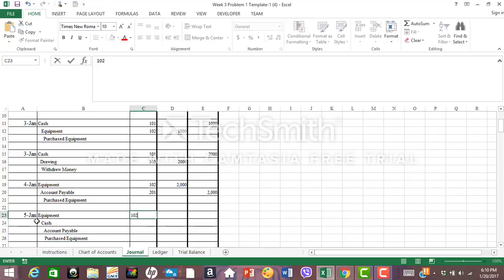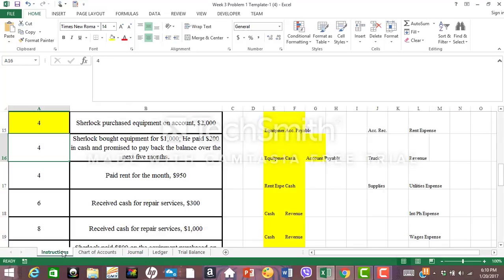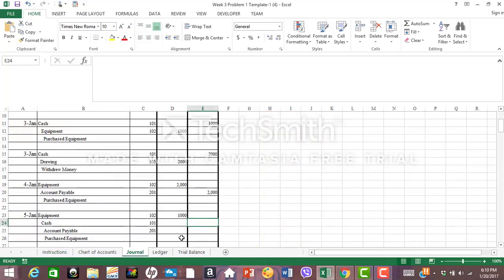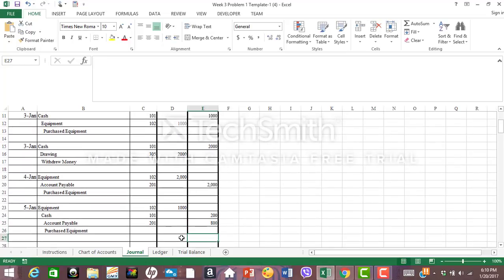Equipment is 102, cash is 101, accounts payable is 201. He bought $1,000 worth of equipment, which is why you debit. And then how much did he pay in cash? He paid 200 in cash and 800 on account. All right.